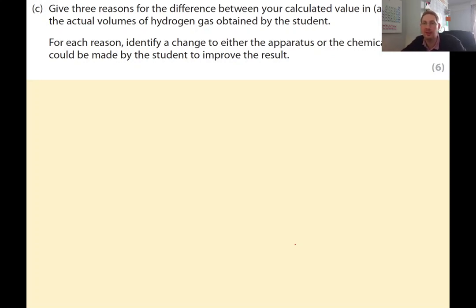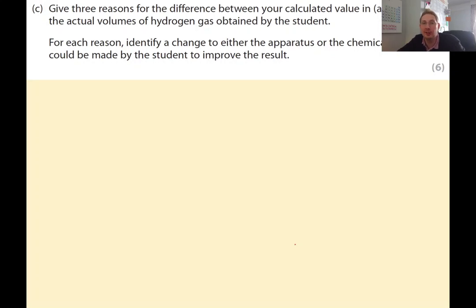And we talked about things like you couldn't get the bung on immediately, so some gas would escape. We talked about the fact that your apparatus might be slightly leaky, your reagents might be impure. So in this case, not the hydrochloric acid, that's in excess, but the magnesium, which is your limiting reagent, might be impure, might have an oxide coating.